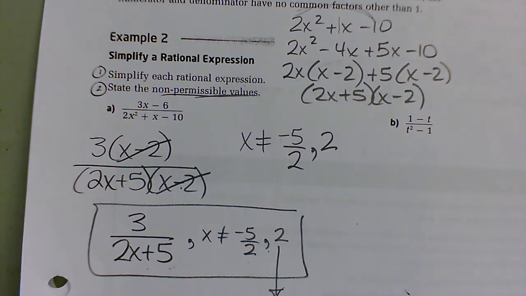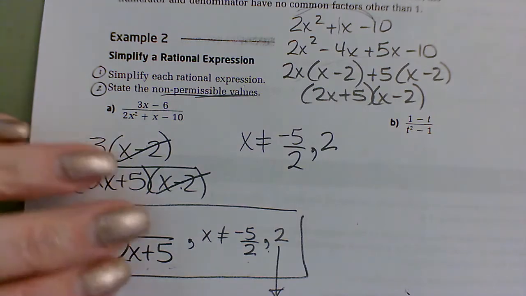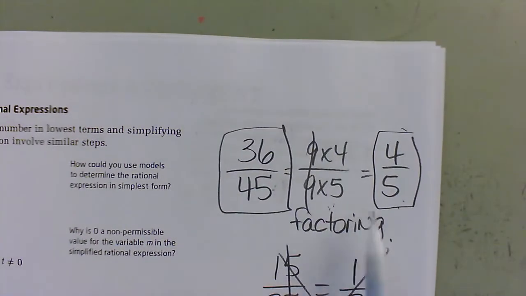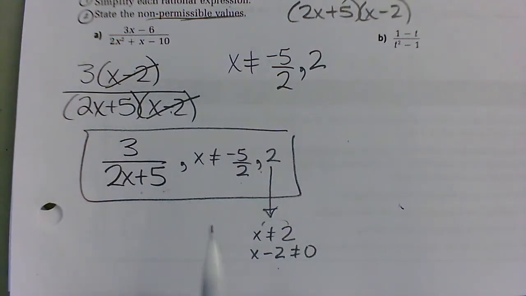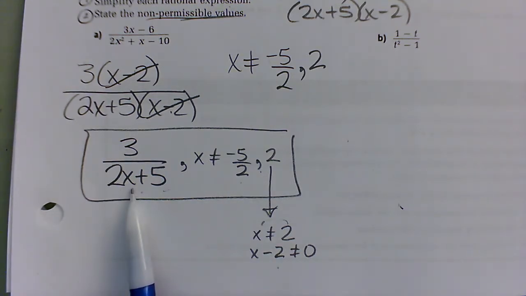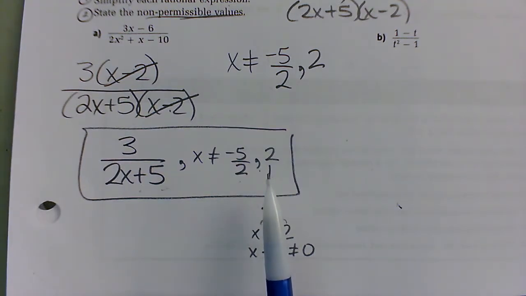There's no way of going backwards with most of these questions, but on this one I can go backwards, because by telling you that the denominator cannot be negative 5 over 2, which is definitely that one right there, but the denominator cannot also be 2, that meant the original question had to have one of these on top and bottom.